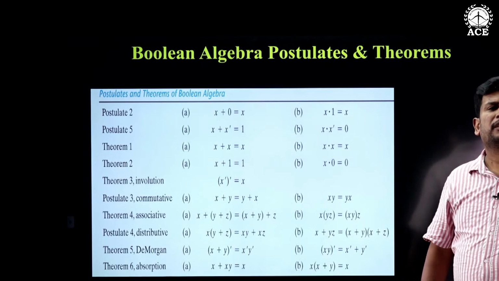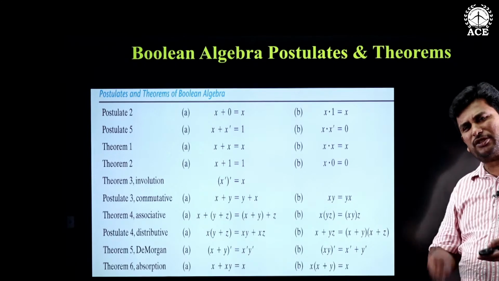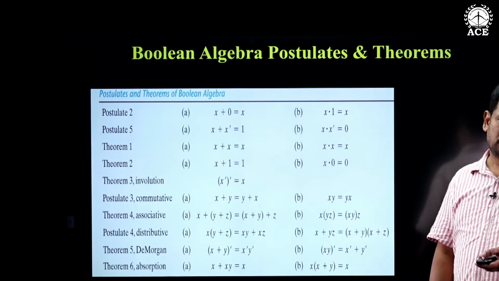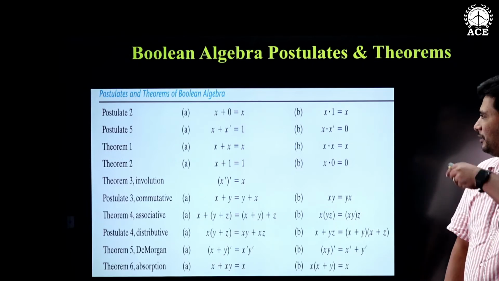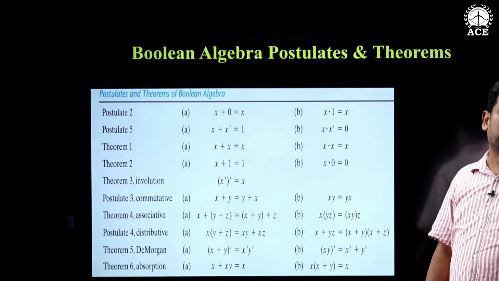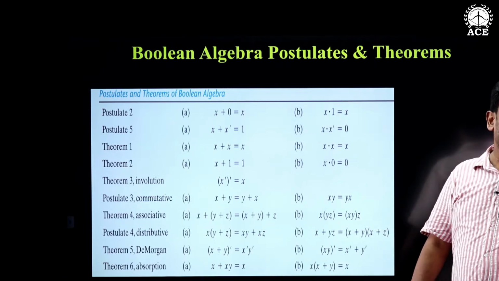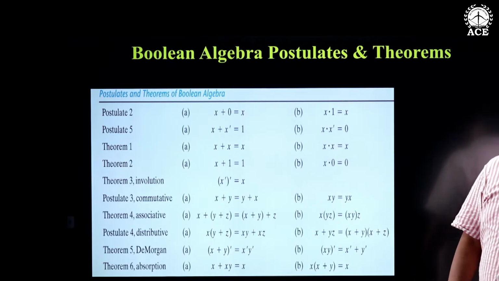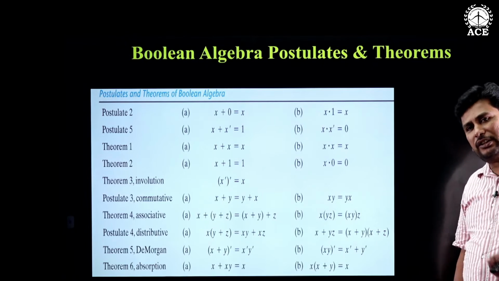Right. Now, based on the application of what you have learned, we are trying to connect with all the discussion that we had so far in terms of various Boolean theorems and postulates. Let me once again try to connect you.